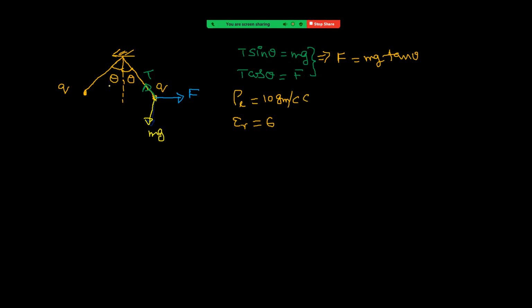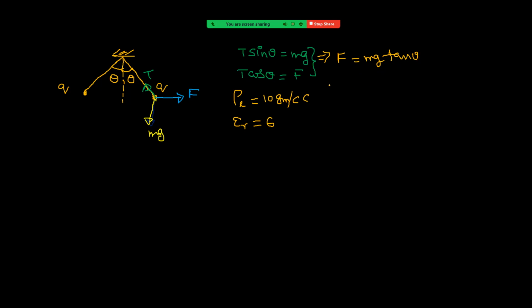The condition given is that the divergence angle, which here means 2 theta, is not changing. That means tan theta remains the same. So what changes is the force. If initially in air medium the force is F, now the force becomes F by 6.